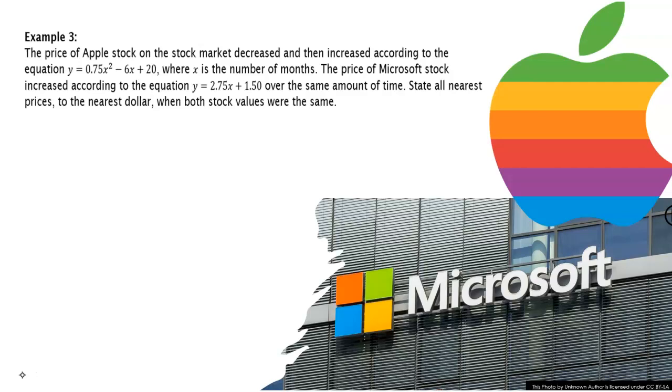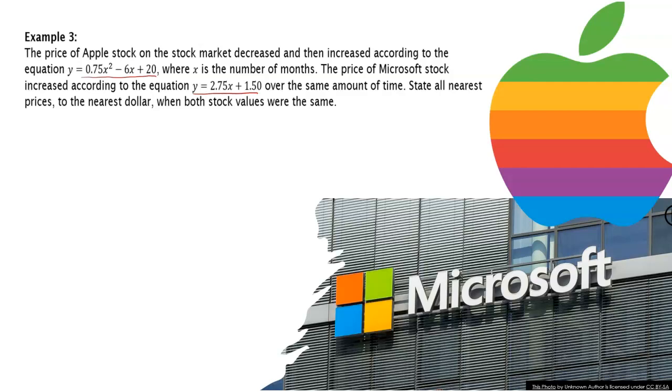So this particular question is about the price of Apple stock on the stock market, which decreased and then increased according to the equation that's given to us, where x is the number of months. The price of Microsoft stock increased according to the equation over the same amount of time. We're going to state all prices to the nearest dollar when both stock values were about the same.